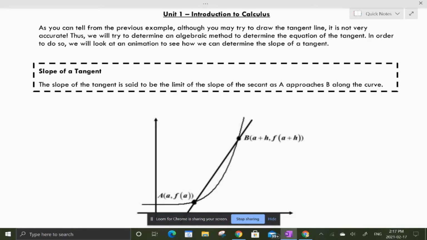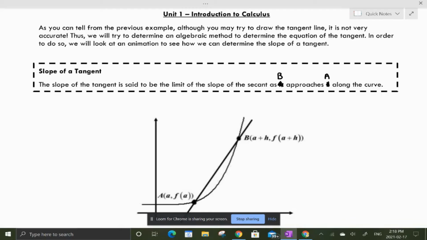And in order to do that, we're going to take a look at a series of pictures to help us envision this. So let's start off first by talking about the slope of a tangent. The slope of a tangent is said to be the limit of the slope of a secant line, as B approaches A along the curve.